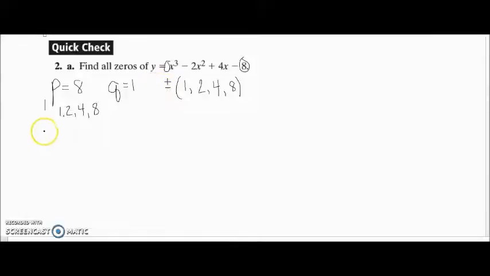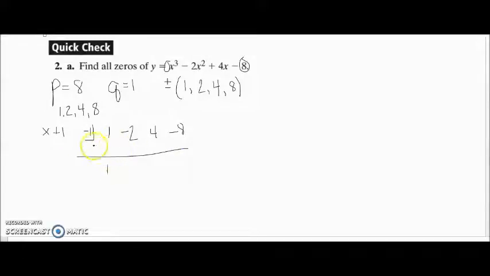So if we try x plus 1, let's use synthetic division. First, we need to change this positive to a negative, and then bring down each of the coefficients. So the first one is 1, -2, 4, and -8. So let's try this.